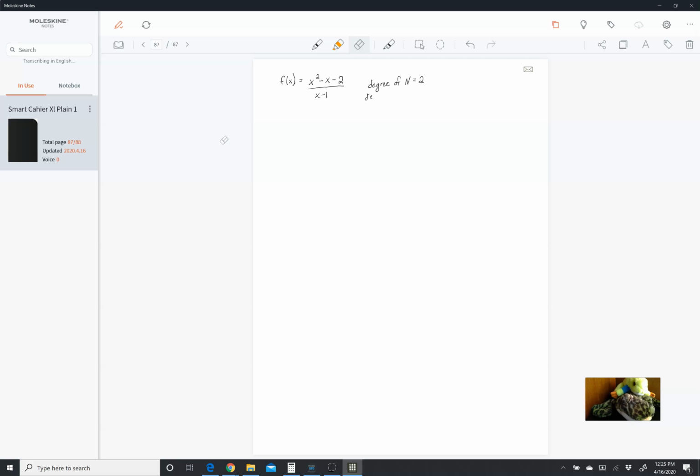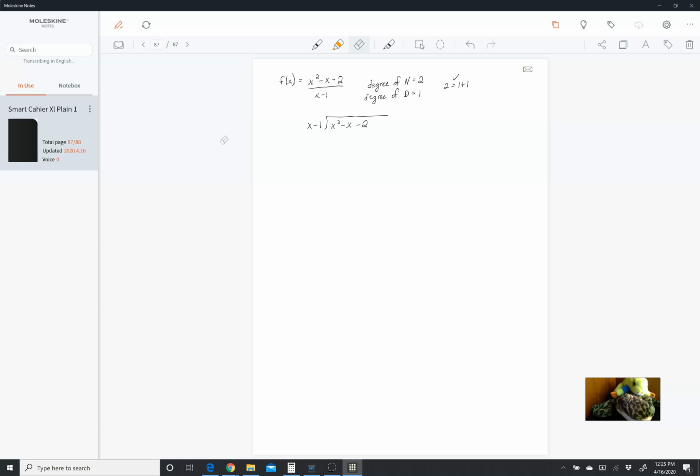The degree of the denominator is equal to 1. 2 is equal to 1 plus 1. So we divide x minus 1 into x squared minus x minus 2.